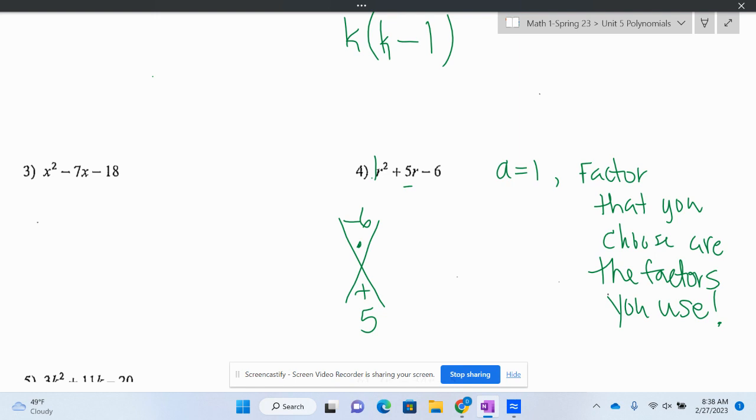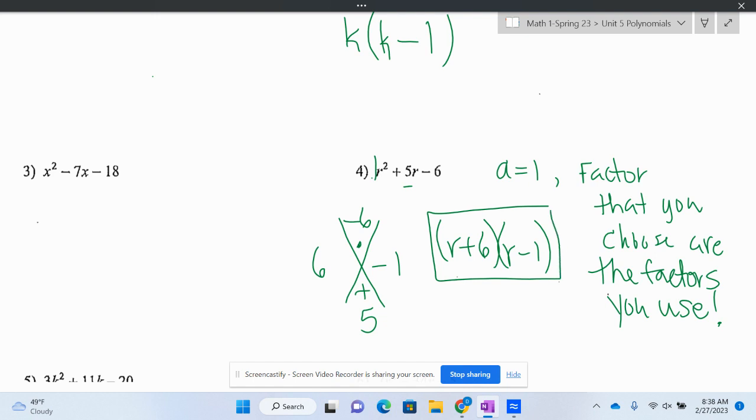Hayden. Negative 3 and negative 2 give me a positive 6. 6 and negative 1. Yeah, 6 and negative 1. Good job. So remember, I don't have to do any kind of grouping or anything. When a is 1, the factors that you choose are the factors you use. r plus 6, r minus 1.